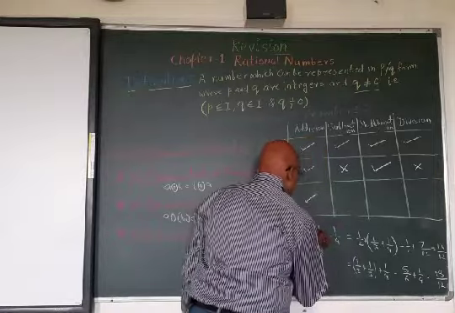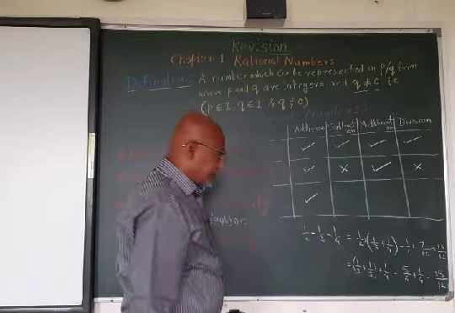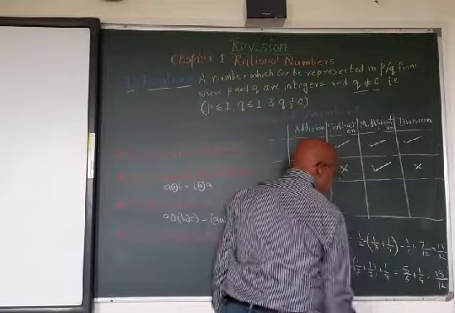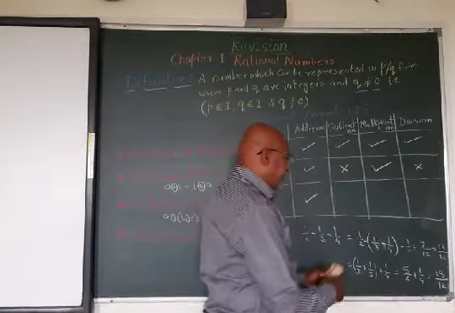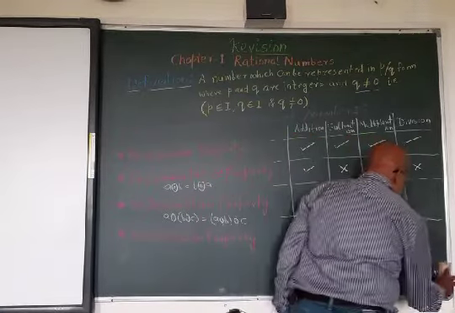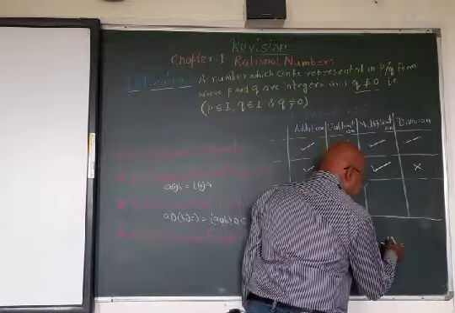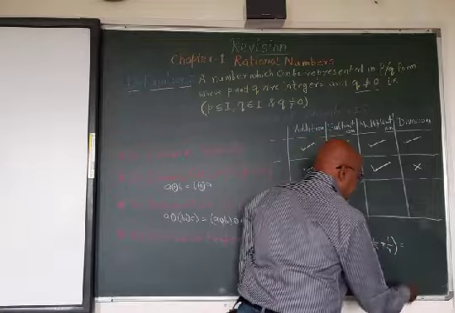If it is subtraction here, then this is subtraction and this is also subtraction. So what we get here? 1 by 4 is subtracted from 1 by 3.